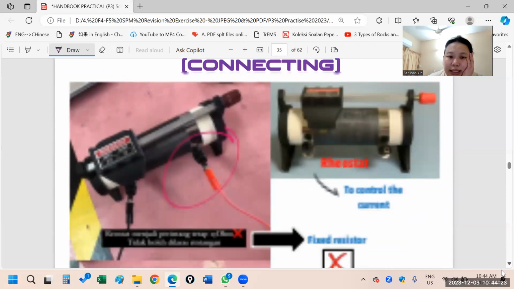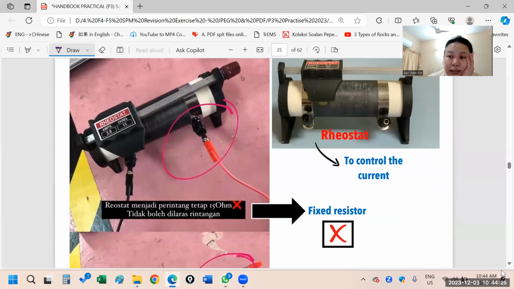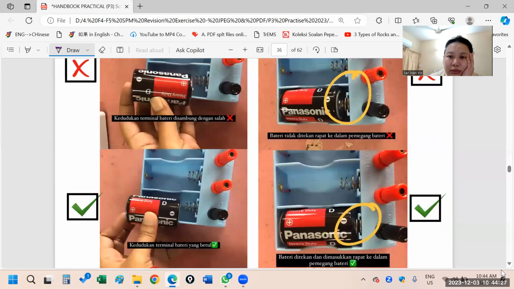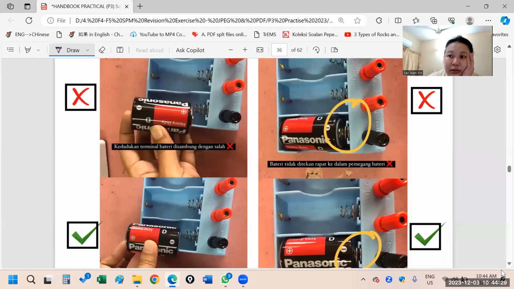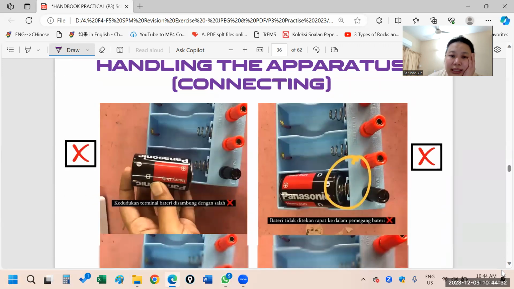Okay, then next, I want to tell you about the battery first. Okay, battery like this. If this is black, this is negative. This is red, this is positive. So make sure your terminals are connected correctly.